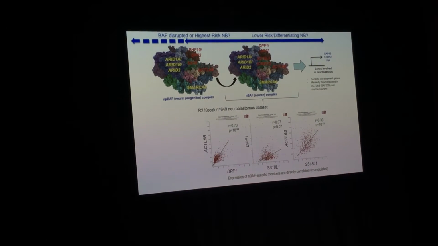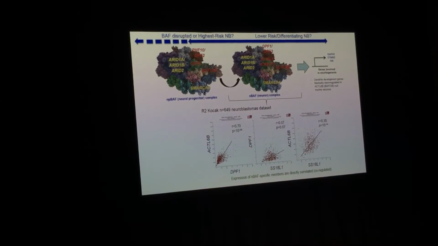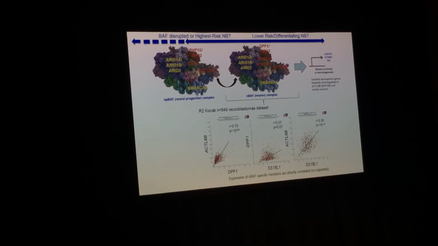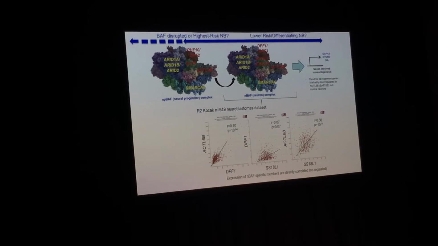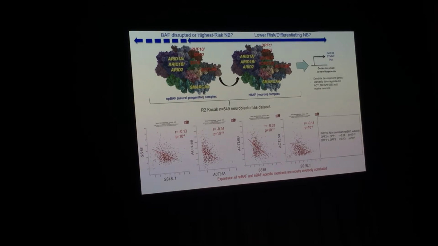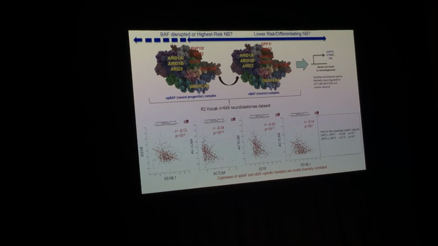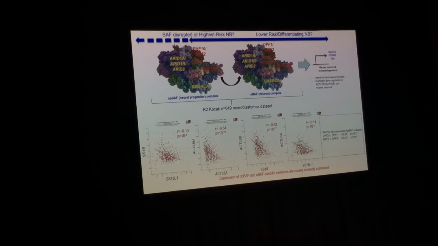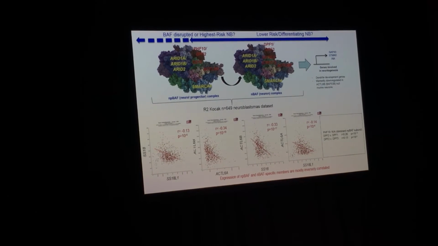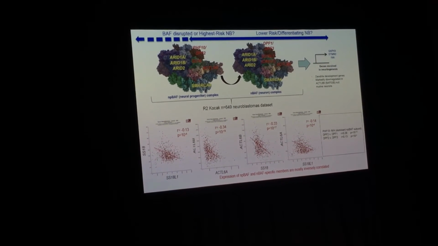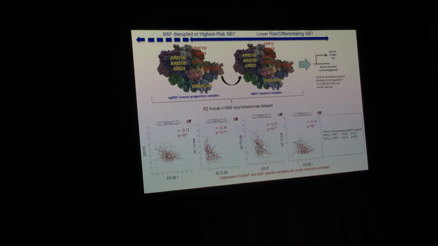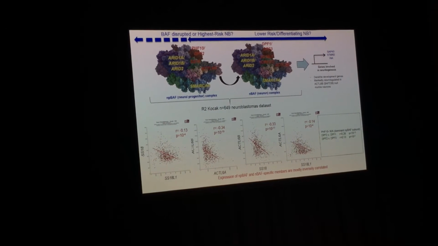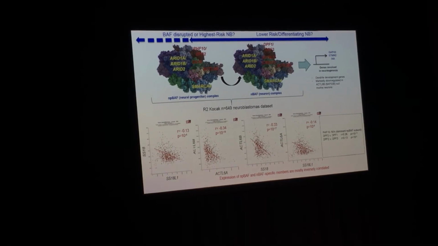Similarly, within the NBAF complex, the three components that have been switched out are now co-regulated as well in that large data set. And conversely, when we compare the NP-BAF members exclusively against the NBAF members, you get an inverse correlation by and large for those members we had data for, suggesting that you tend to exist in one state or the other.